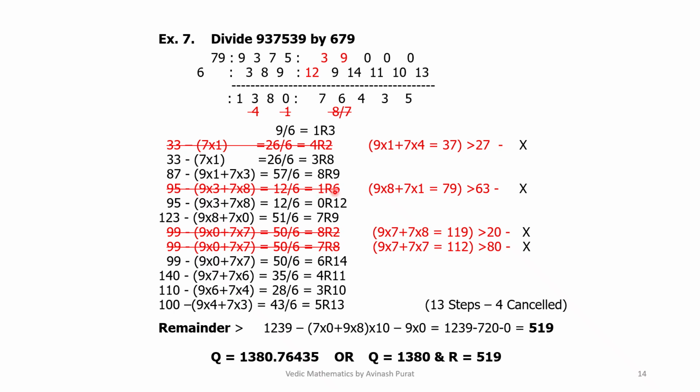1 and remainder 6. But if we take 1 as quotient, then the next division would be 9 multiplied by 8 plus 7 into 1 equal to 79, which is bigger than 63, 6 being the last remainder.